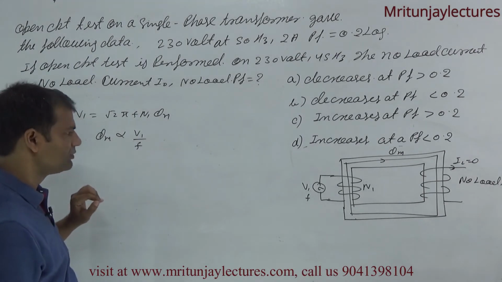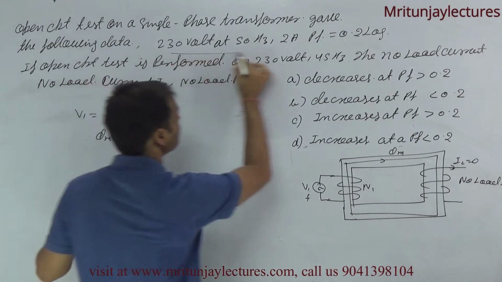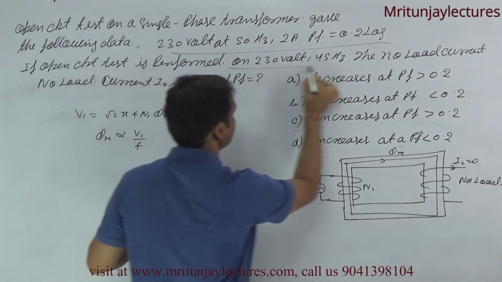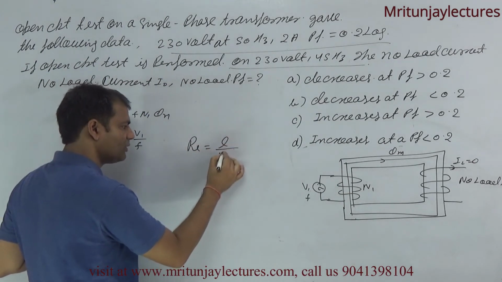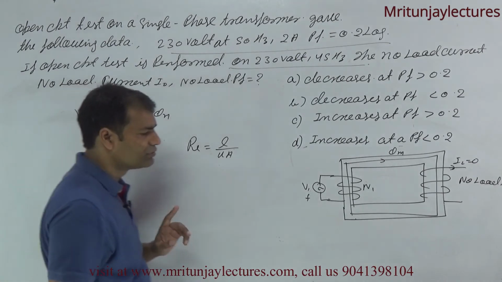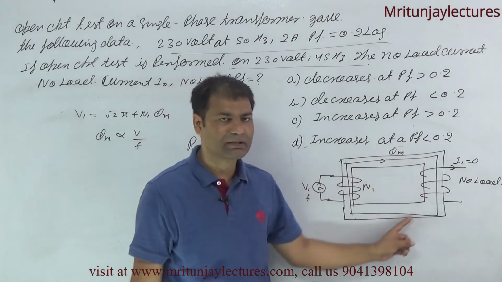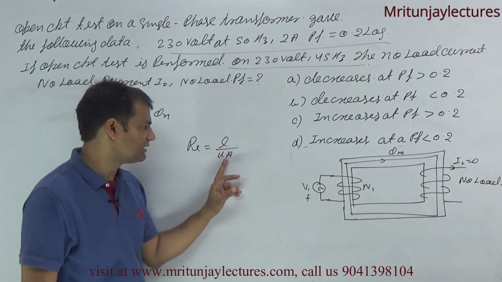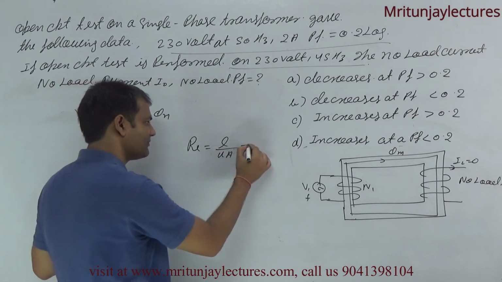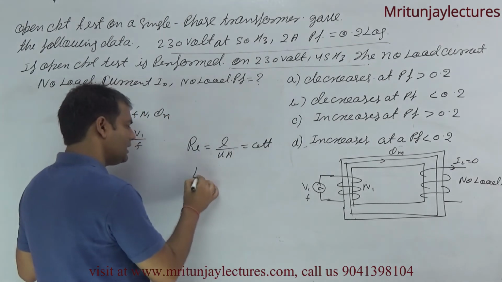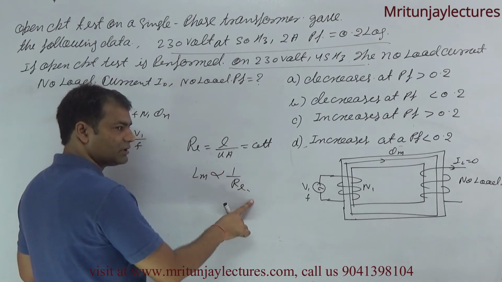Corresponding to the question, you know what about reluctance in both conditions, this condition and now this condition. Reluctance S is equal to l by mu A. In both cases, reluctance is constant. Why? Because mu is constant and l is constant, and the cross section area is not changing. That's why reluctance is constant. Is it clear? So you know that inductance is inversely proportional to reluctance.